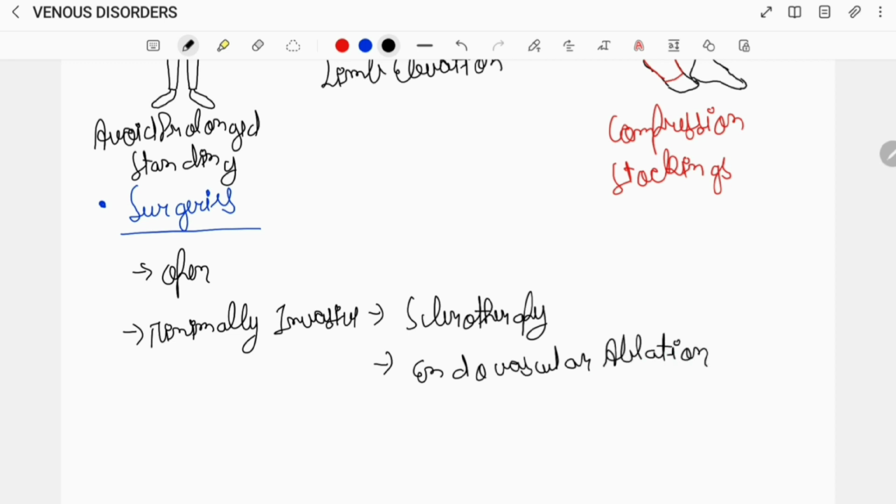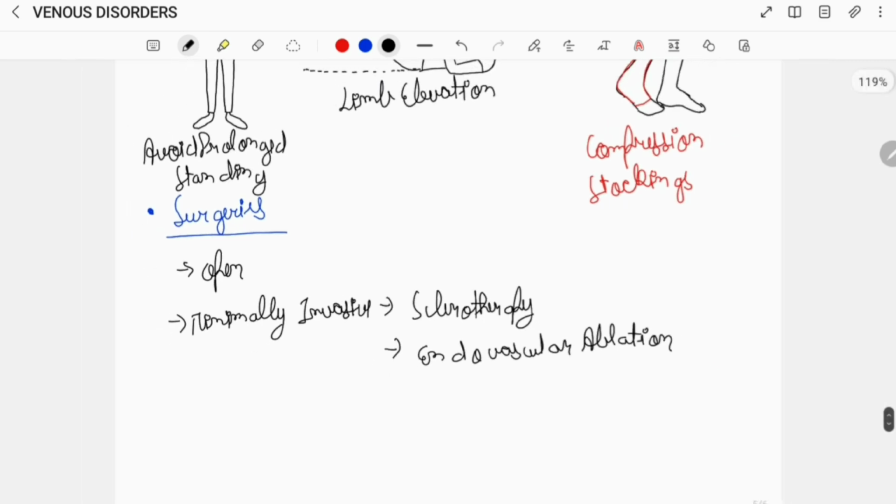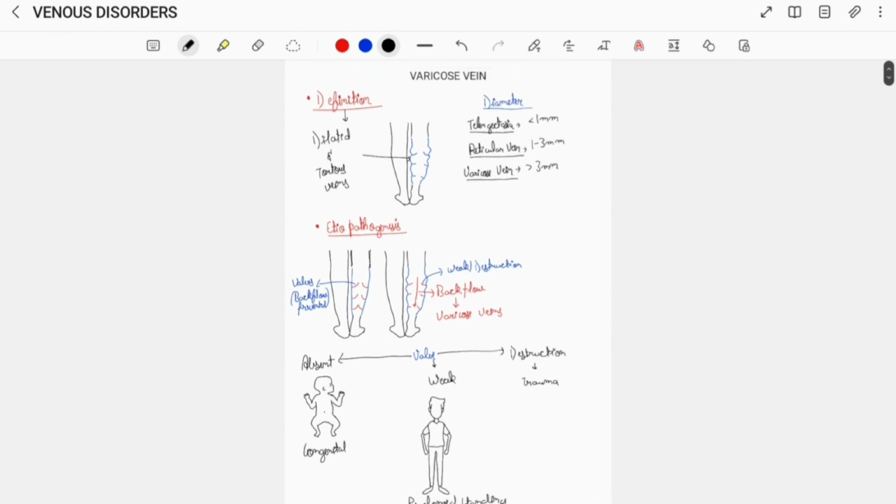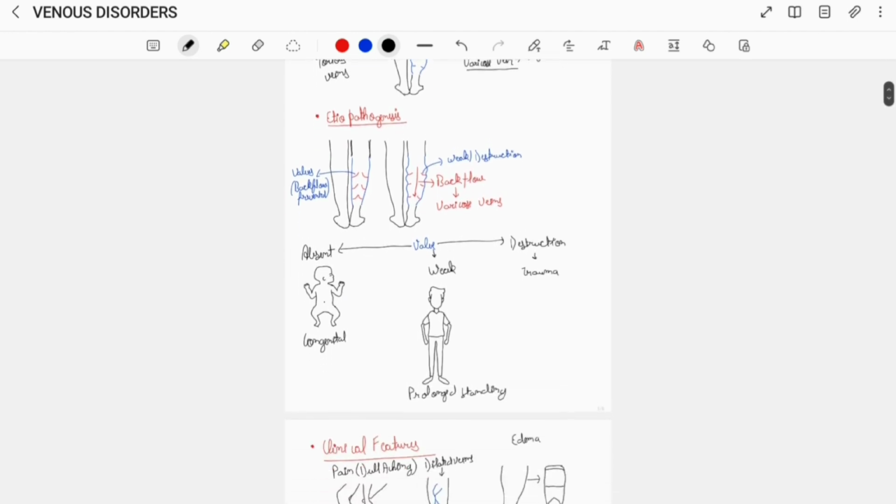So this was all about varicose veins in brief. Here is the overview of what I have discussed.